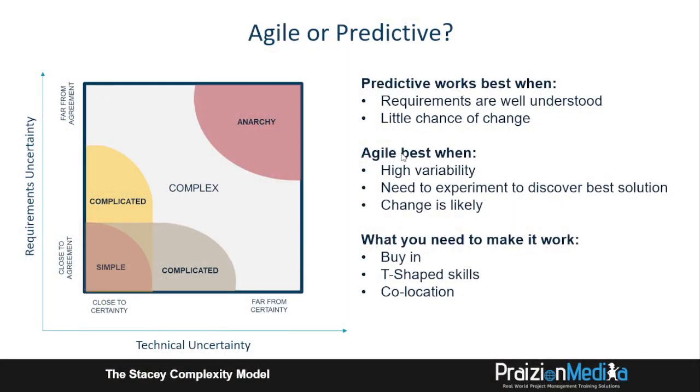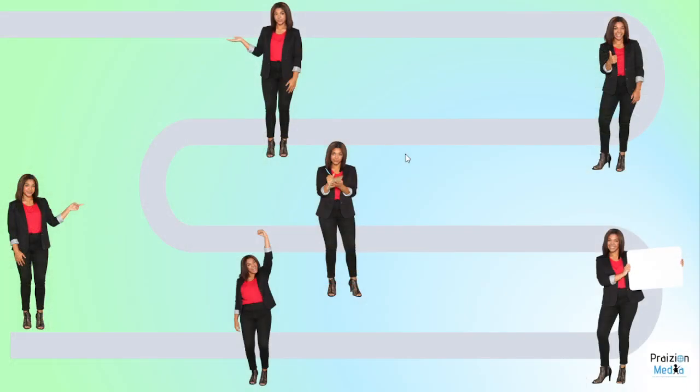Let's define project management. What exactly is it? It's the application of knowledge, skills, tools, and techniques to project activities to realize an expected outcome that the customer has. That outcome should also be tied to benefits.